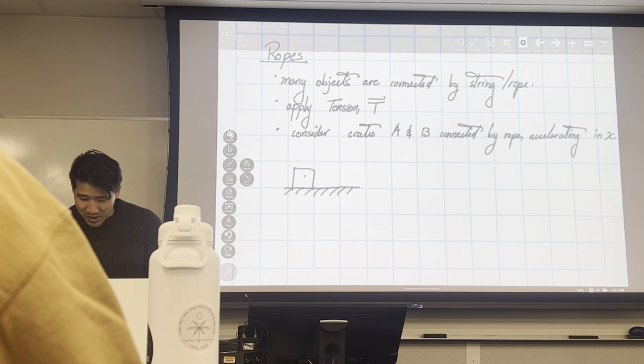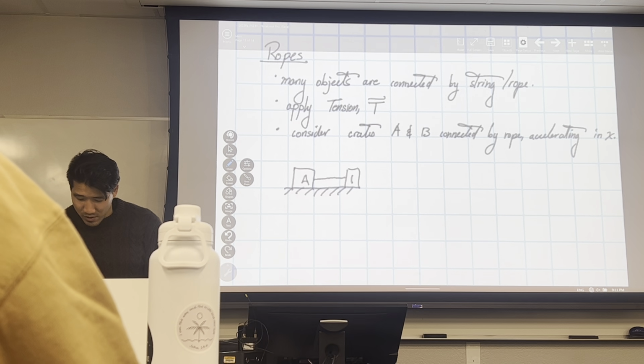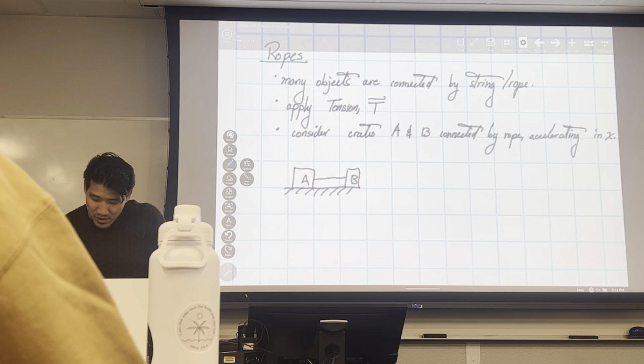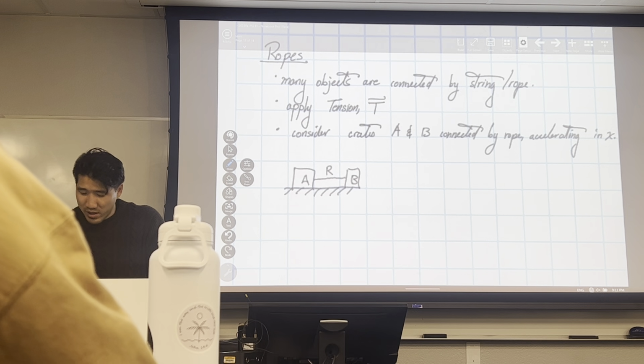So we have object A, and we have another object called B, and here we have a rope that connects.